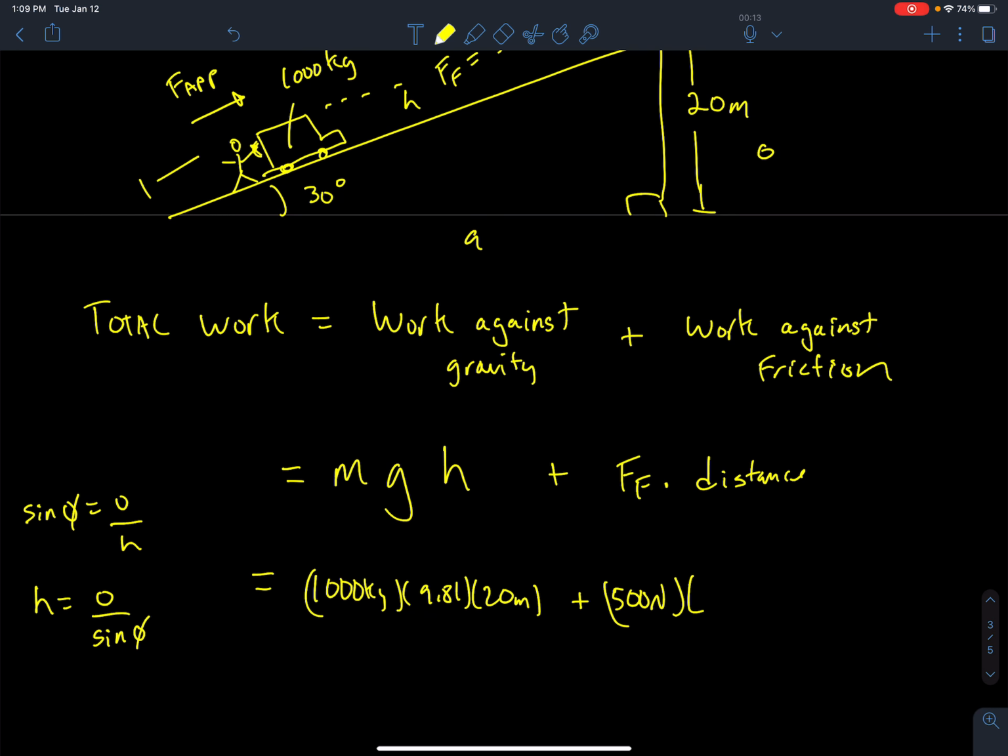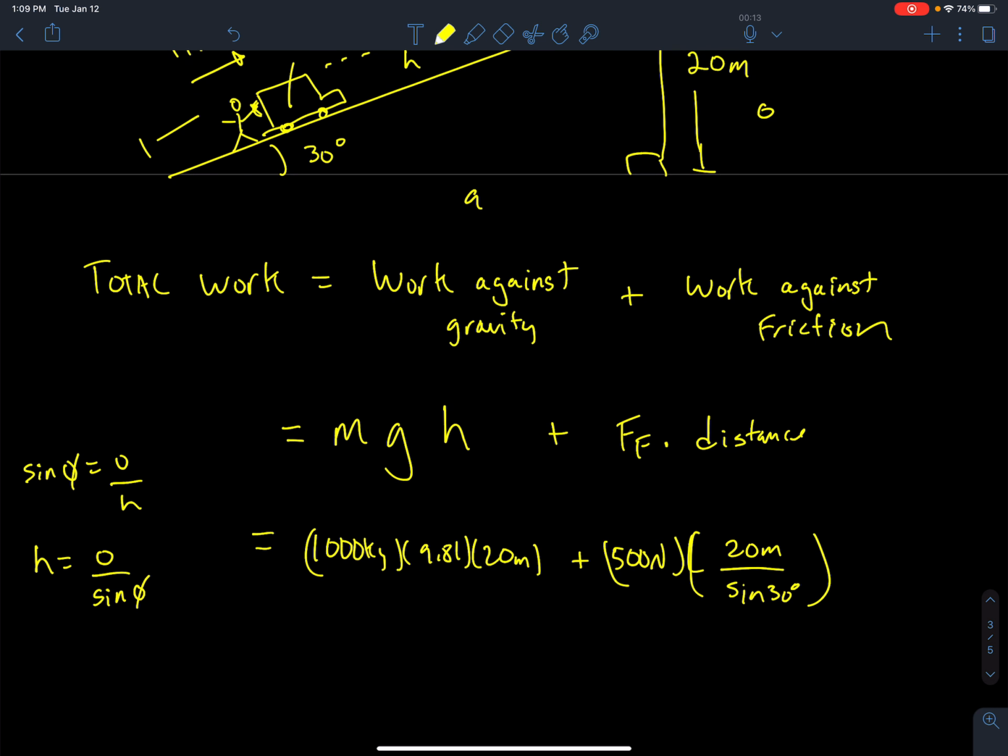So in that case, the distance is going to be equal to 20 meters divided by sine of 30 degrees. And then this becomes 1,000 kilograms times 9.81 times 20 meters plus 500 newtons times 40 meters.